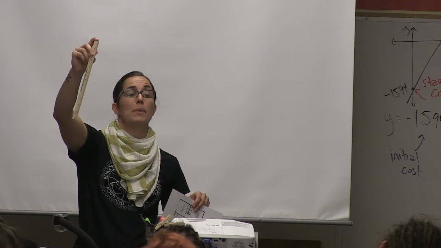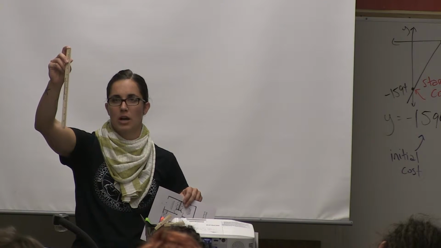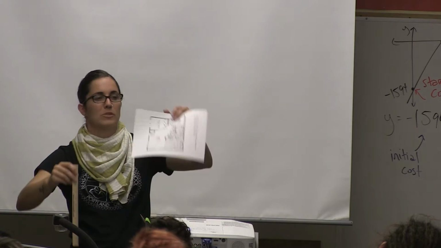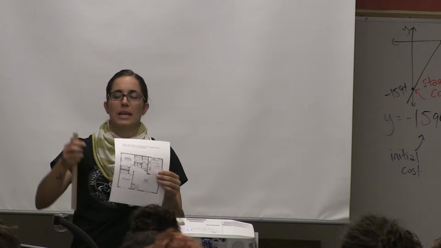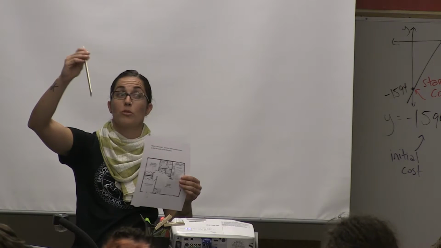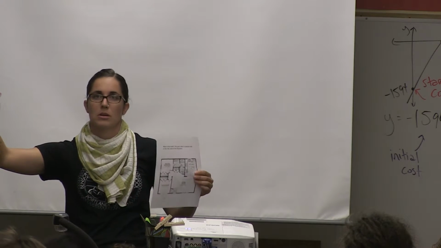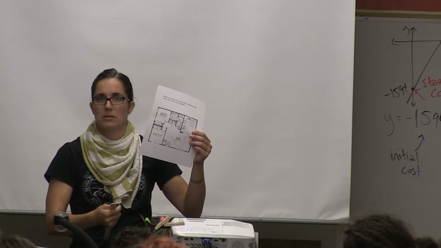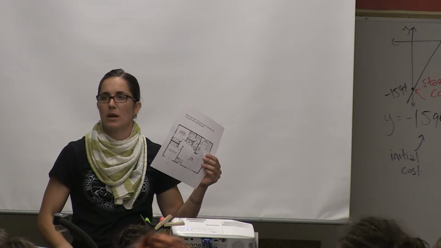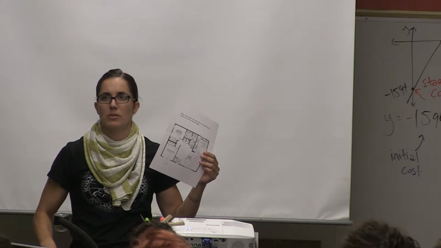I want to know how many inches on your ruler represent 1 foot on here, on the plan. I want to know how many inches on the ruler, or fractions of an inch, represent a foot on the plan. See if you can reason through that with your team.